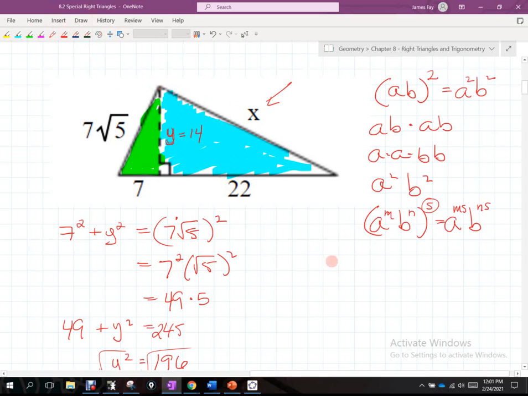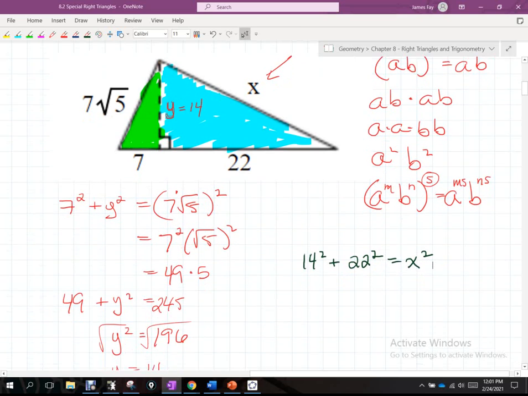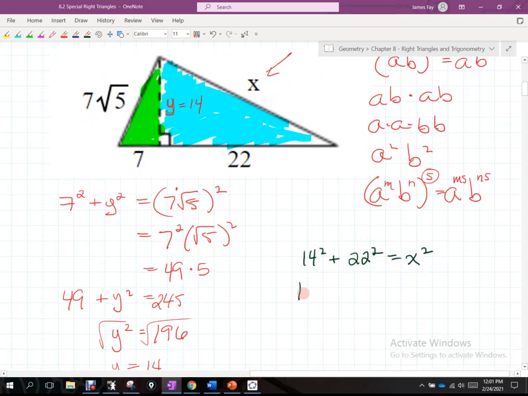So now we can go 14 squared plus 22 squared should equal x squared. 14 squared again is 196. 22 squared, is that 484?